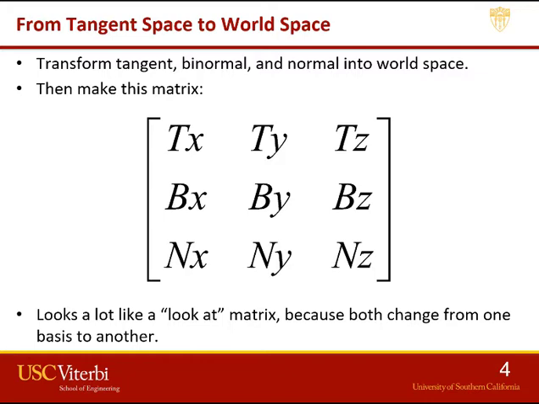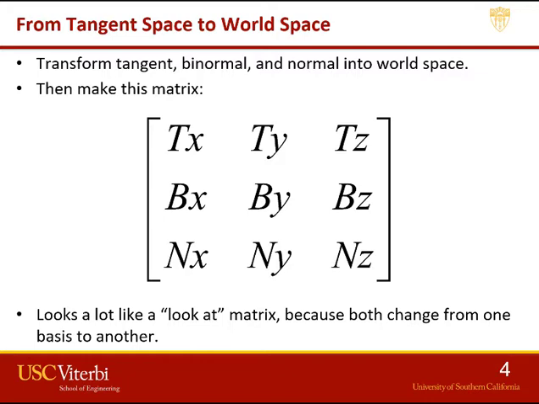We can now just stack these 3 and boom, it's a 3x3 matrix ready to roll. This is the matrix that will transform us from the tangent space given to us in model coordinates out into world space.